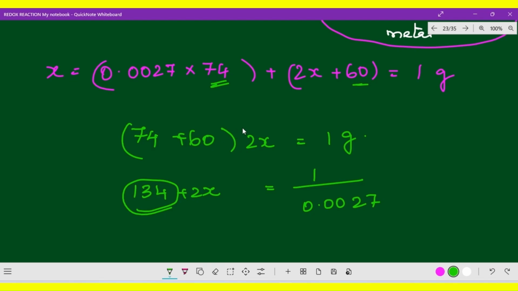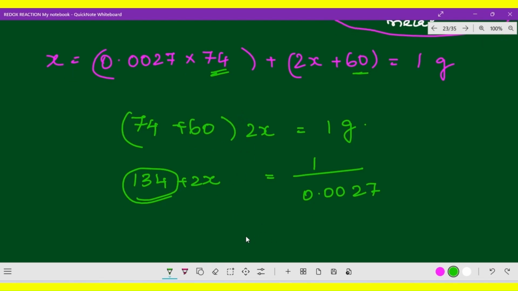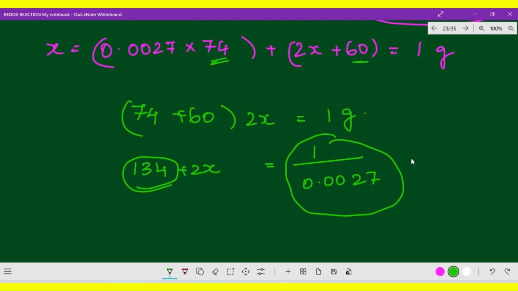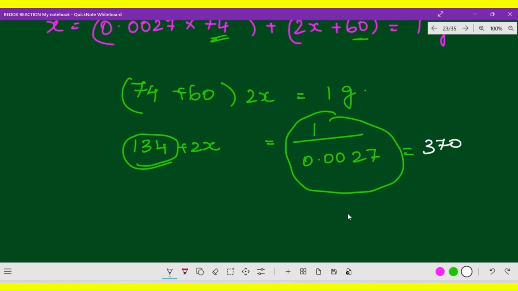I hope you got that idea. When we calculate this, you will be getting around 370. So 134 plus 2X is equal to 370.